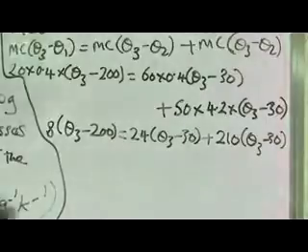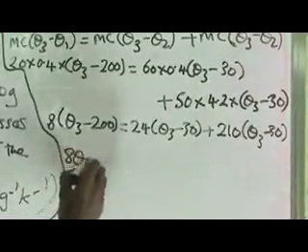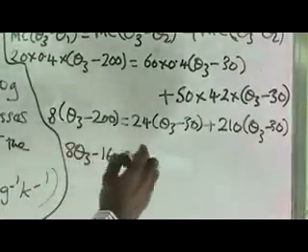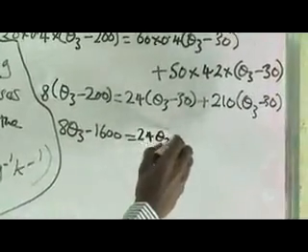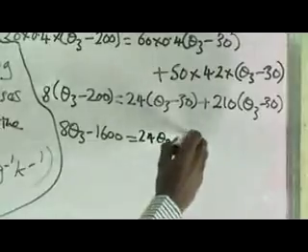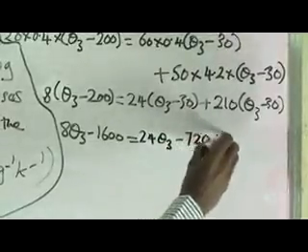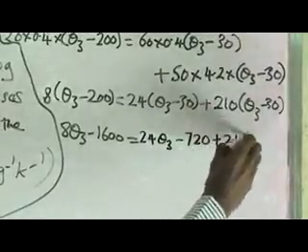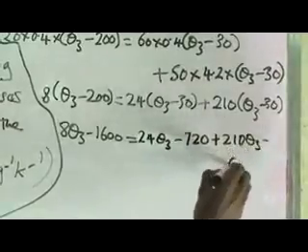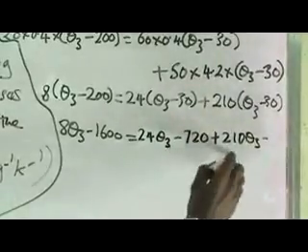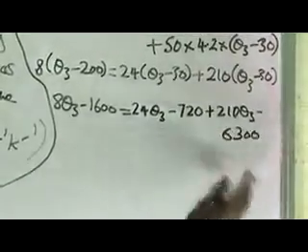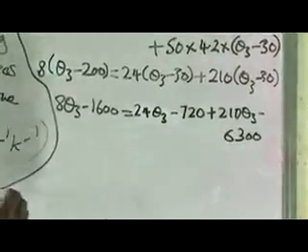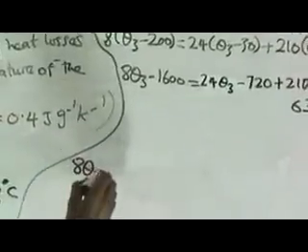So when we expand the bracket, we have 8 theta 3 minus 1,600 equal to 24 theta 3 minus 720 plus 210 theta 3 minus 6,300.